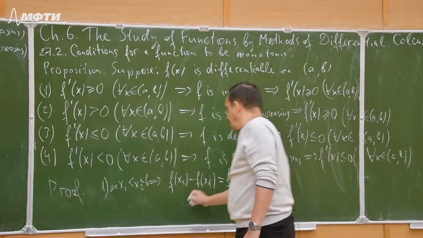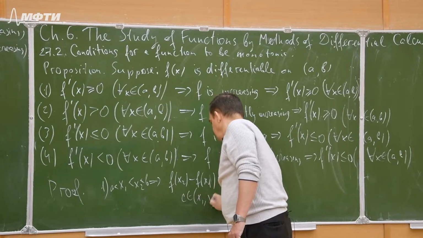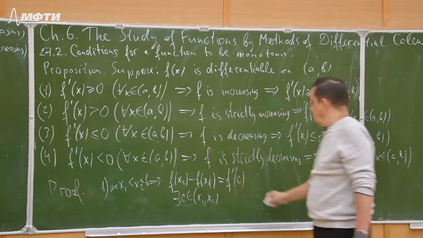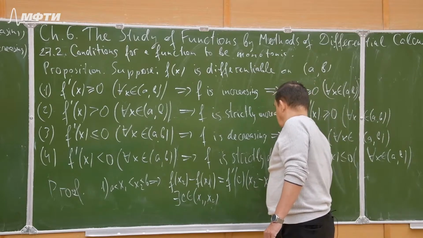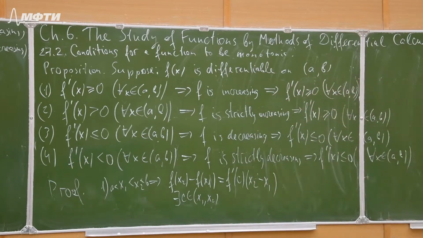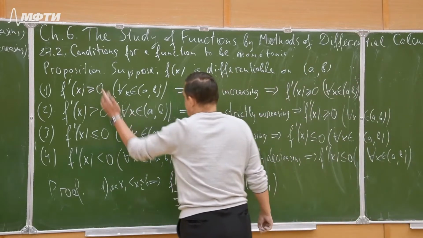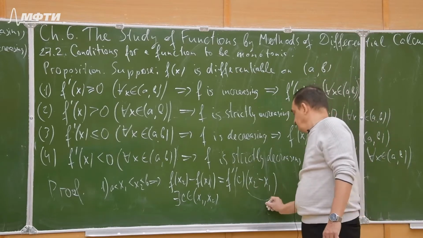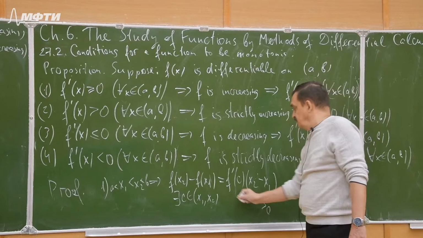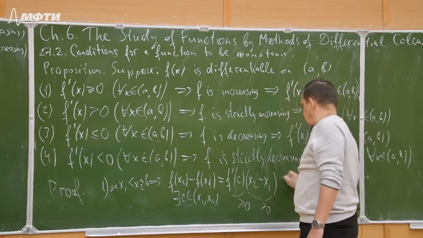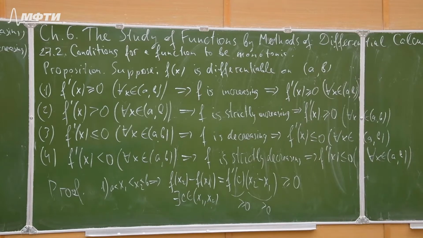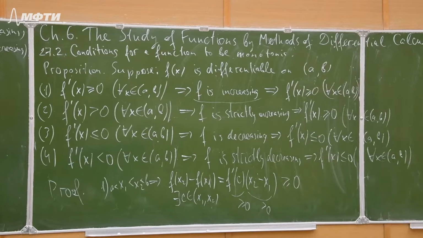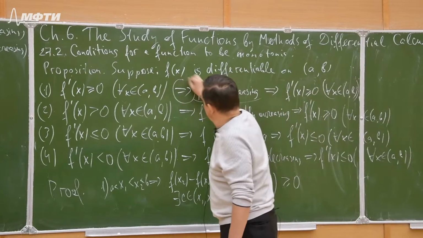There exists a point c in the interval (x1, x2) such that we have this equality. And if the derivative is non-negative, then what we deduce is that this is non-negative. And it means that f is increasing. So the first implication is proved.